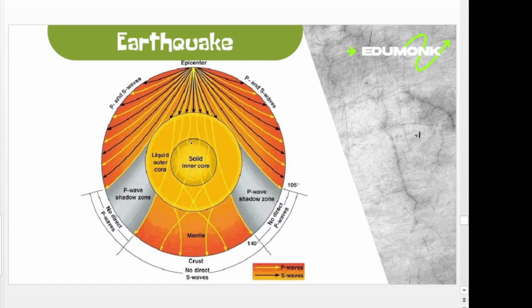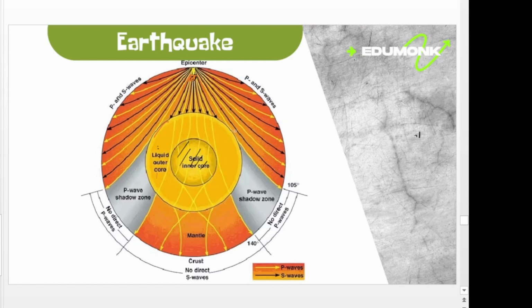This is the interior of Earth: solid inner core, liquid outer core, and this is the epicenter, and the waves are generated from this point. Then the waves pass in different directions. Here we have a liquid outer core. S waves will not pass through the liquid medium.